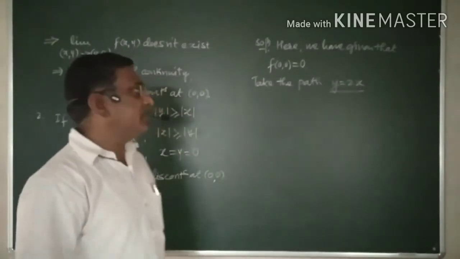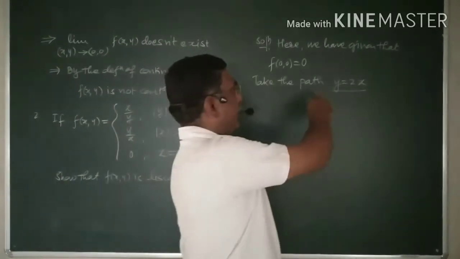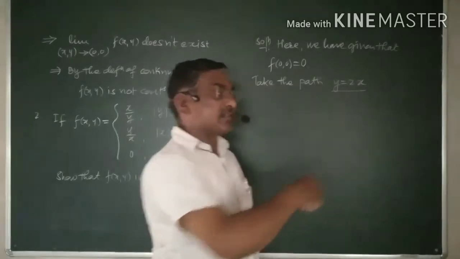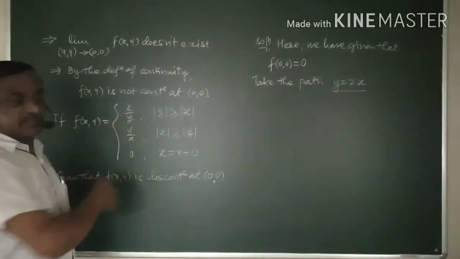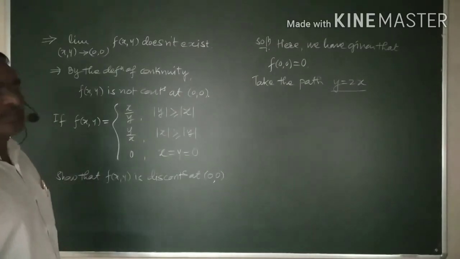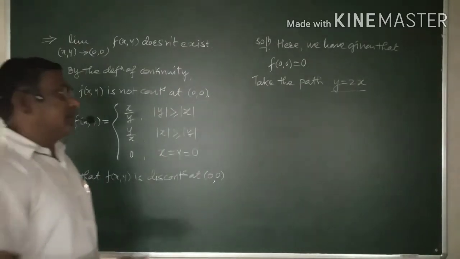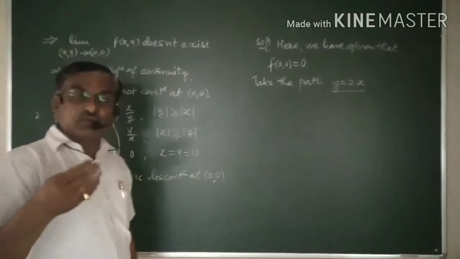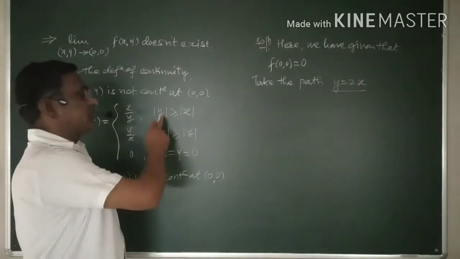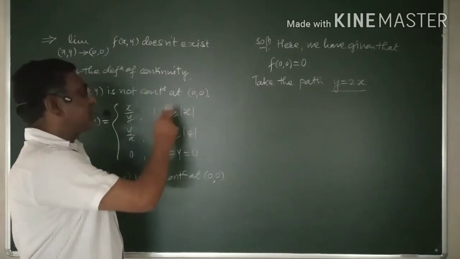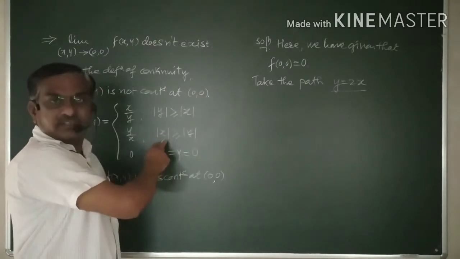The only thing is that whenever you take paths for this particular example, you need to consider these cases. Whenever you consider different paths, that path will satisfy this condition, or if it is not satisfying this condition, it should satisfy the other condition.